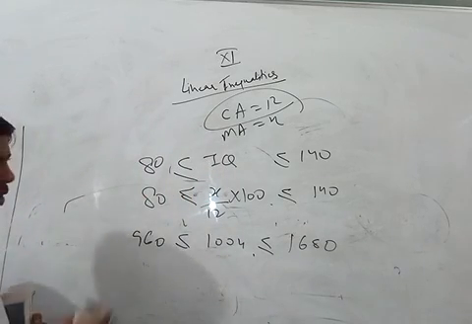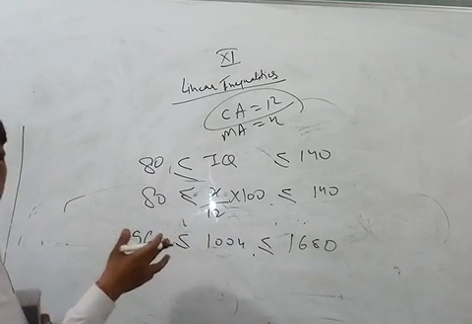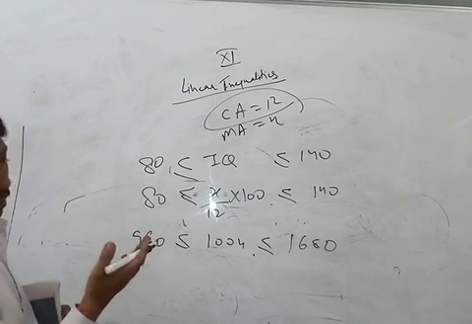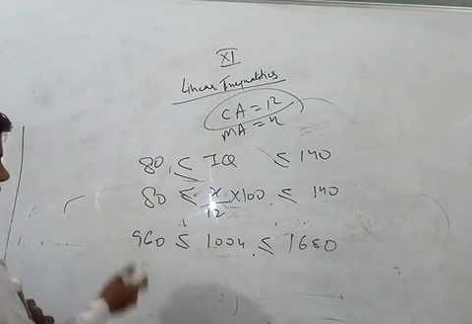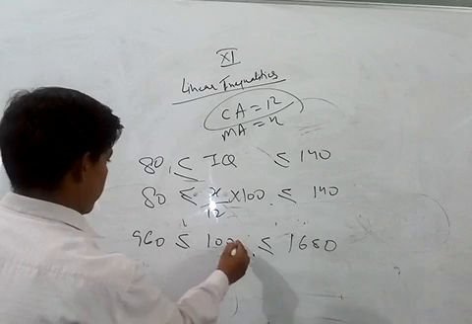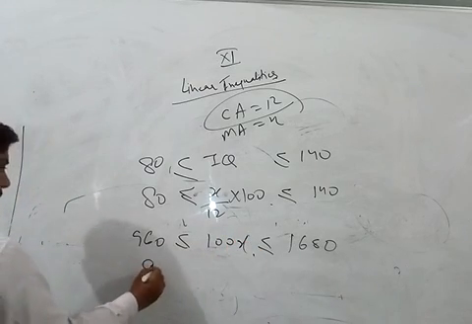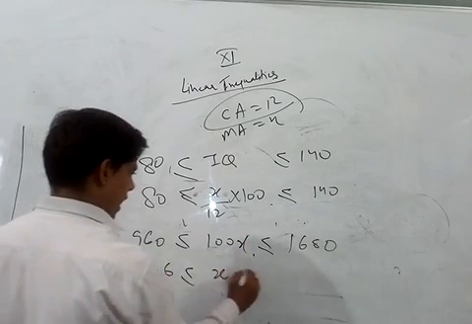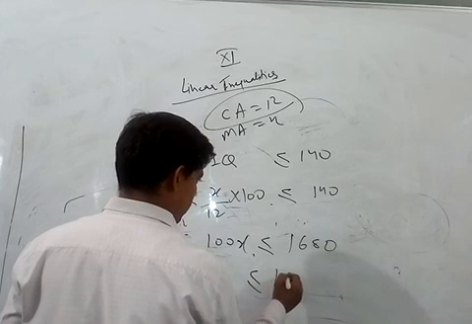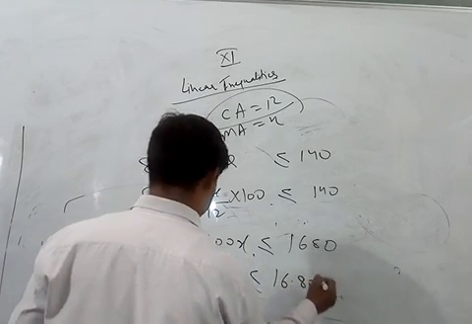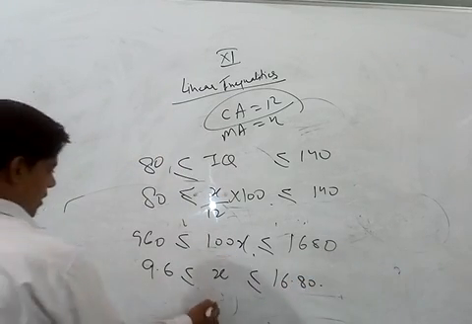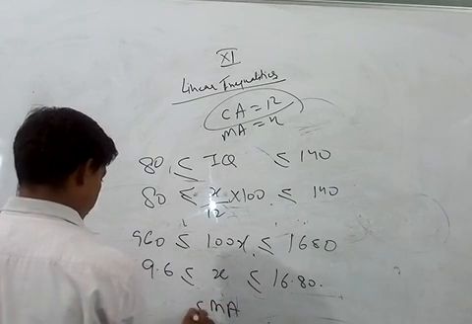Okay, 12 into 12 is 144 and 12 into 2 is 24, so 168 होता है. Now divided by 100, so you get 9.6 is x, और यहाँ पर देखो 16.8.